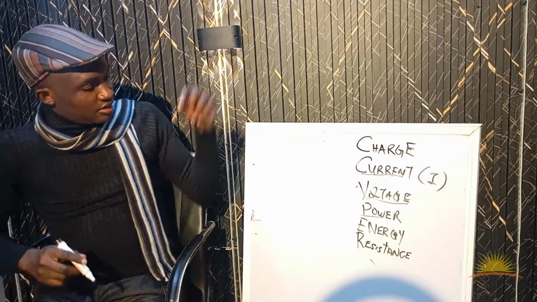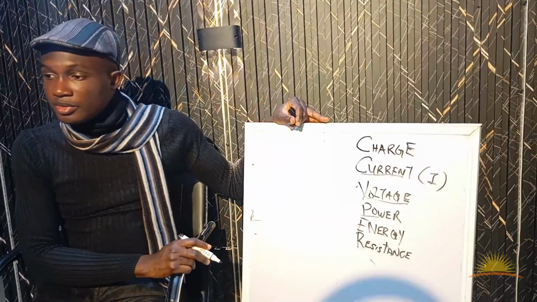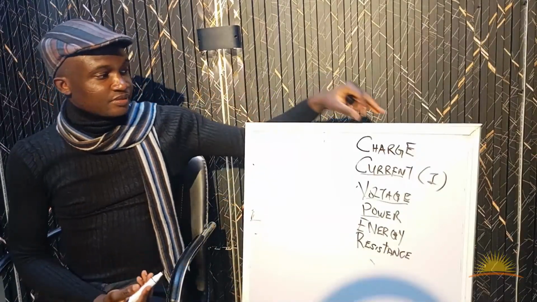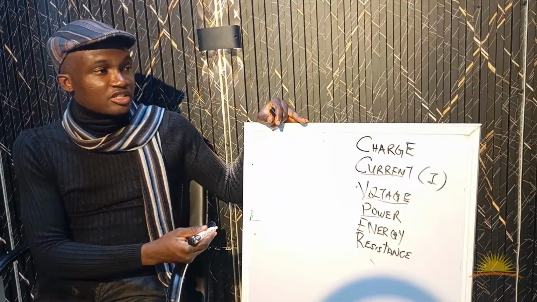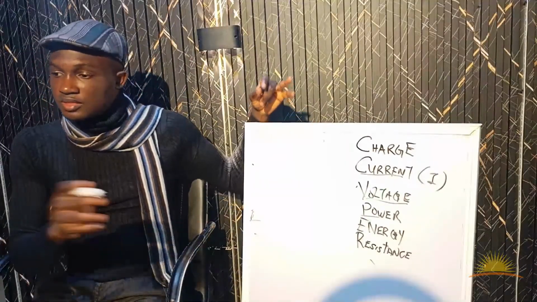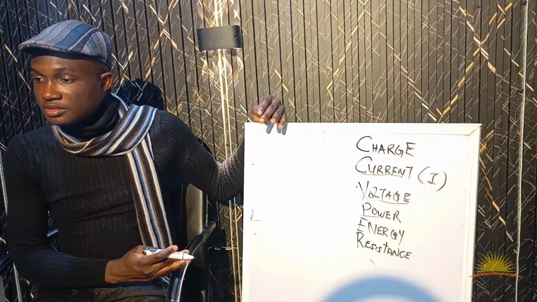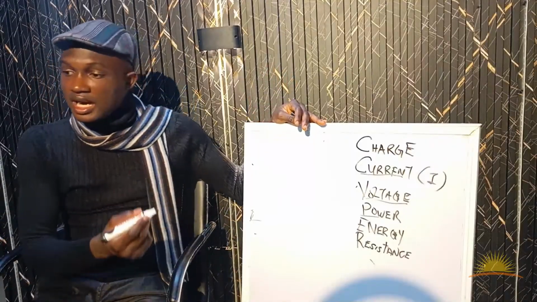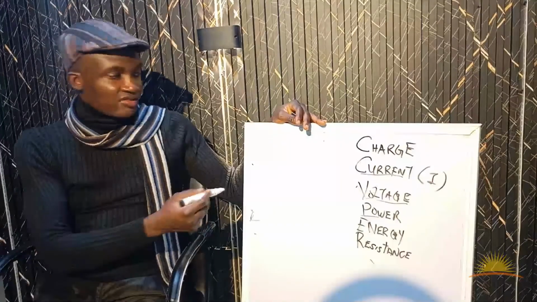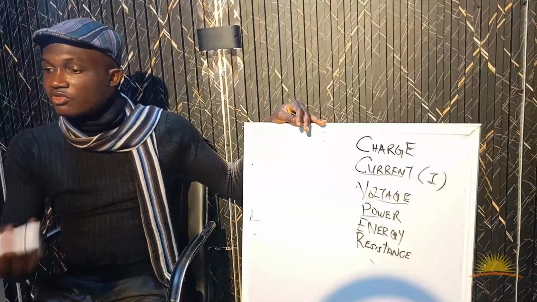Now, let's move on and talk about the formulas so we can understand these things better. Charge is represented by Q. I'm not going to write the formula for charge on the board because it's not related to what we're doing. Current is I equals Q over T, which is what I've written. It's simply the rate of flow of charge.